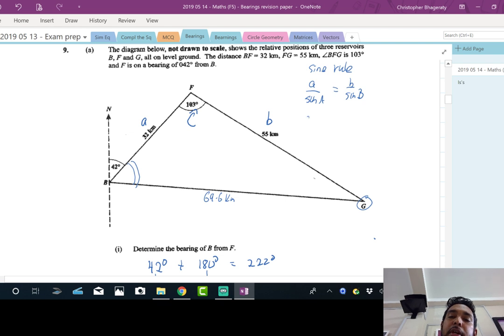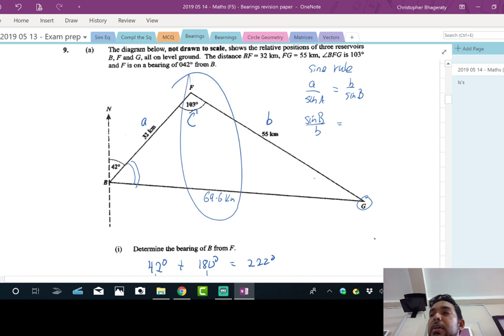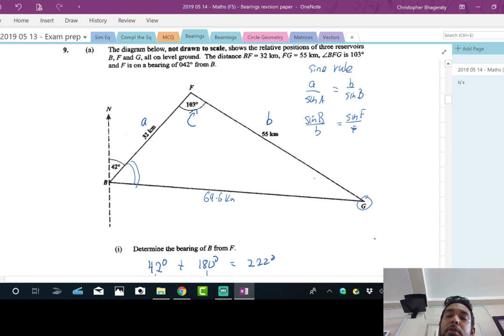We're looking for sine b, so sine b over b. The only corresponding pair of angle and side that we have is f and the side opposite f. So we could say sine b over b is equal to sine f over f.